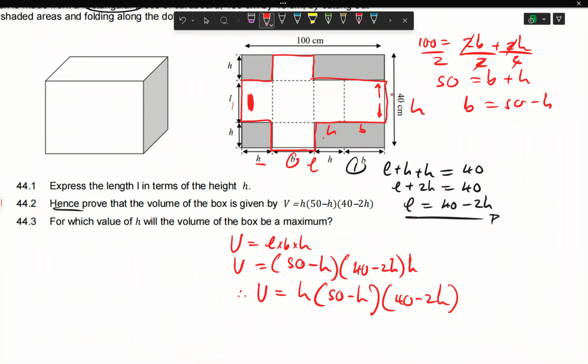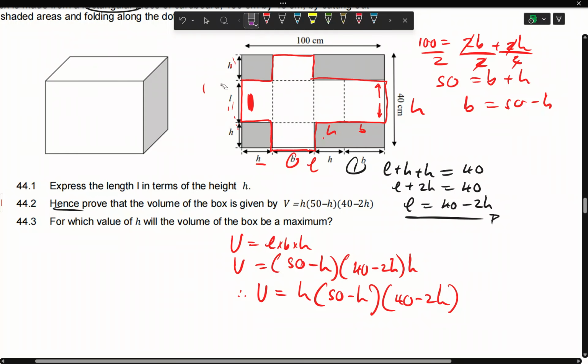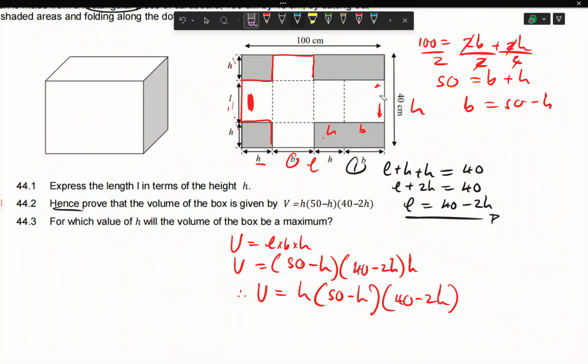So the total length is 40 minus the part that we cut, minus those two. The total, 40, minus 2h when you sum them. It means the length of this part here is just 40 minus 2h.